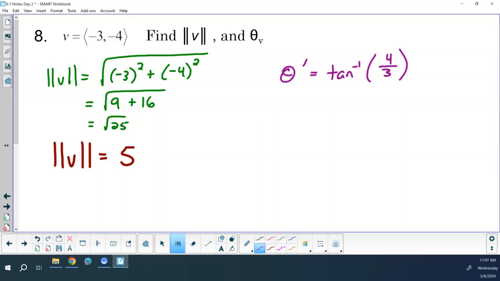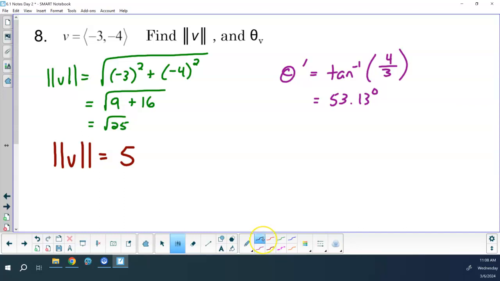Inverse tangent of 4 divided by 3 gives me 53.13 degrees.